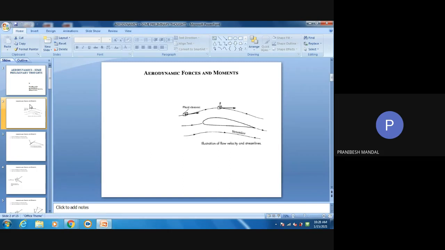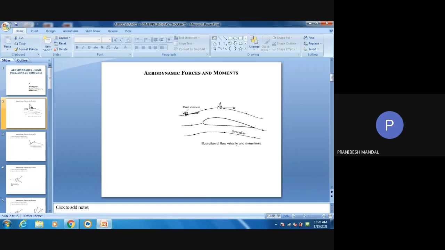First of all, if anything moves through air, it need not be a flight only or a helicopter only, anything moving through air will have an interaction with the fluid elements of air, because air is actually flowing over this particular object.